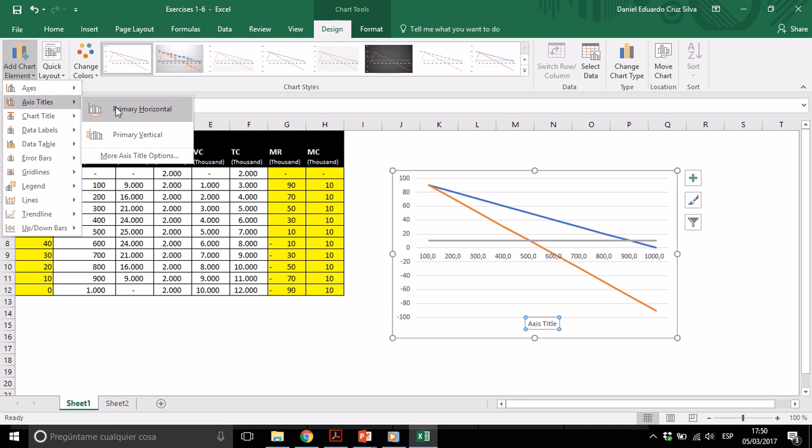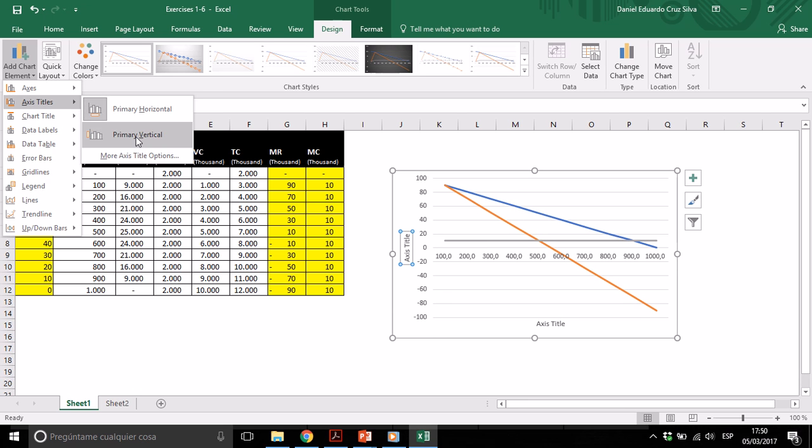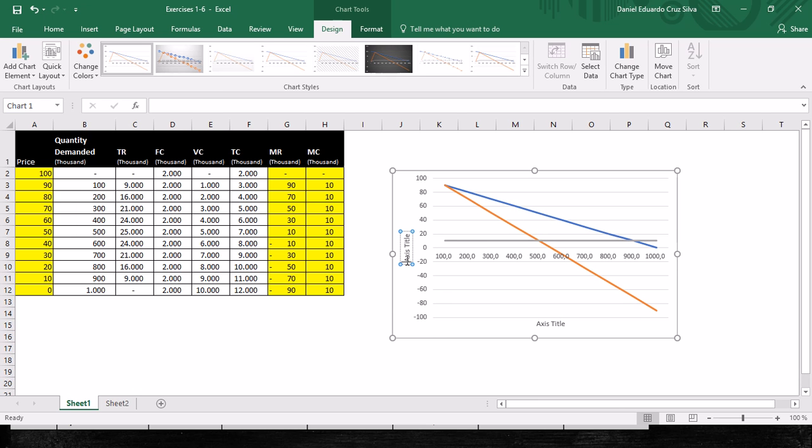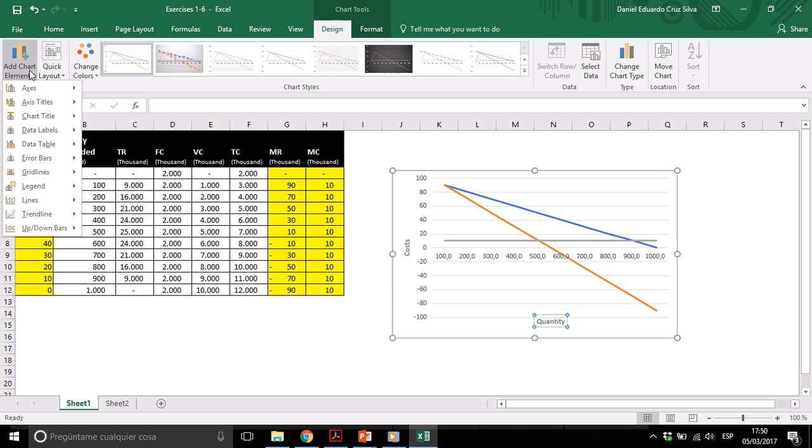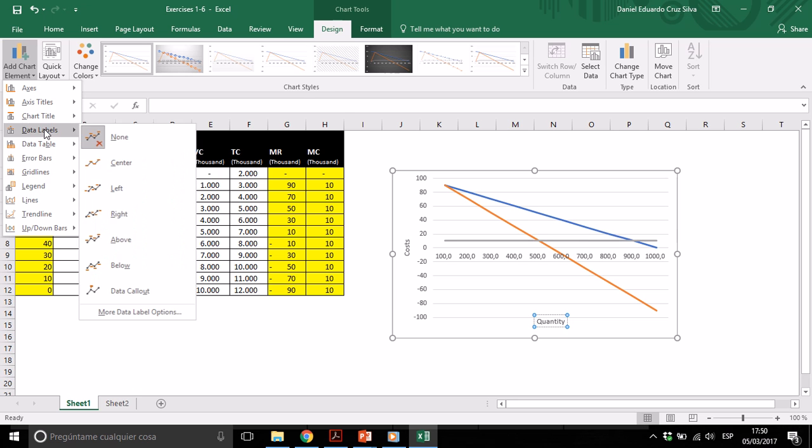It's going to be actual titles, primary, and here we're going to add the other one, primary vertical. So this one is going to represent like the cost, okay, and this one will represent what, quantity, and maybe you need labels, right? So then you have here data labels.